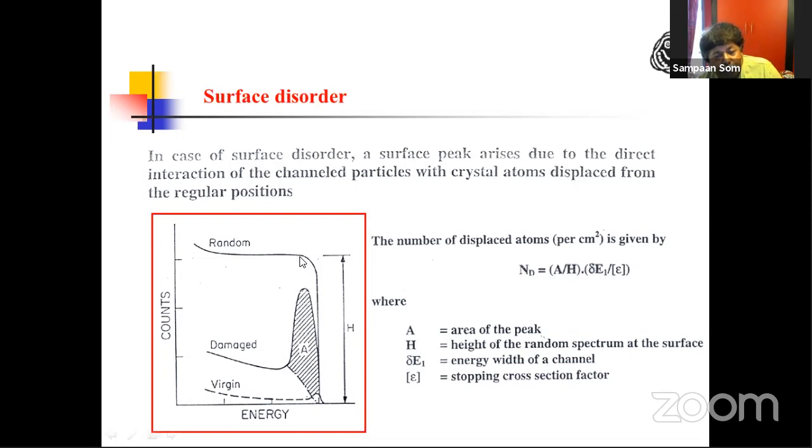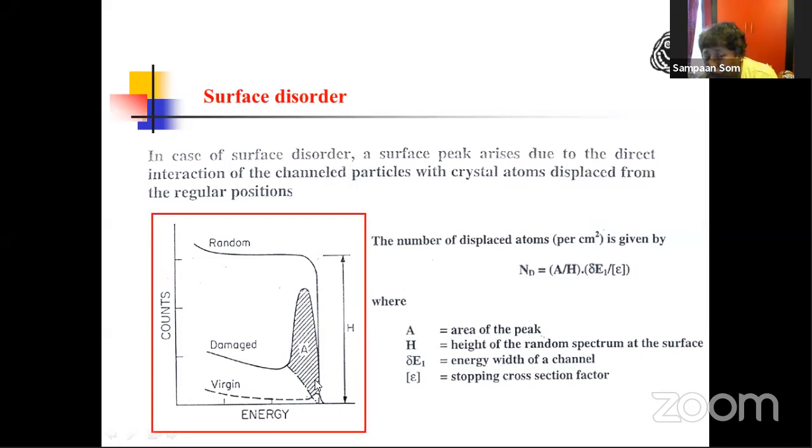Now, when it is completely channelized, the ions are channelized through the axial direction, and the backscattering signal is supposed to come down so drastically corresponding to the virgin, okay? And you get to see here the small surface peak as I indicated earlier.